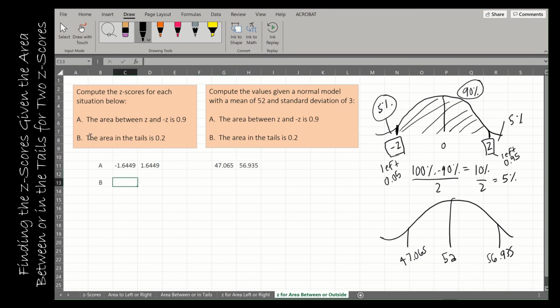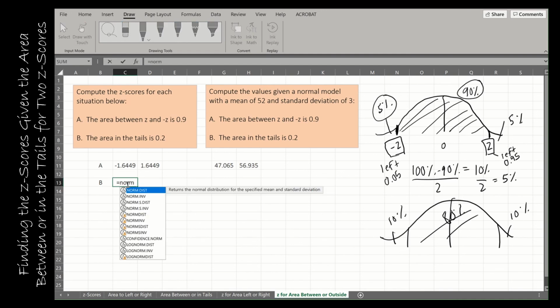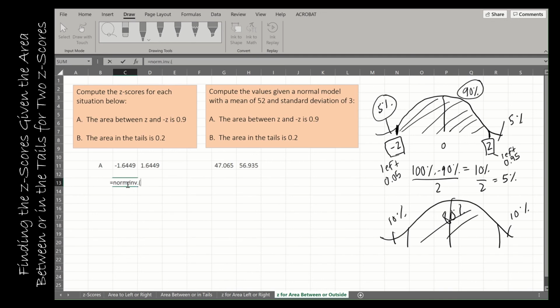Using that same idea, the area in the tail is 20%. So again, I'm just going to take this over and re-put different numbers on there. If the area in the tails is 20%, that means there's 10% in this tail, 10% in this tail, and 80% in the middle. Now if I'm trying to find my two values, I'm going to use norm inverse for 10% to the left, 0, 1. And then how much is to the left of my other value? Well, 10 plus 80, which is 90.